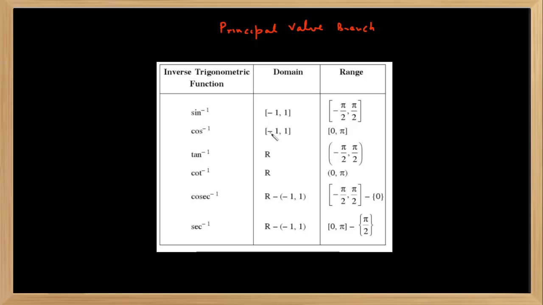Similarly, for cos inverse, the domain is -1 to 1 closed, and the principal value branch is 0 to π closed, meaning cos inverse is an angle in 0 to π closed whose cosine is x, provided x is in this interval.